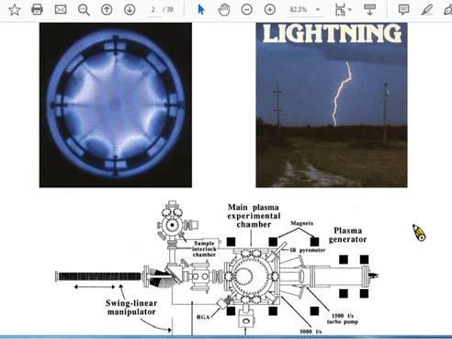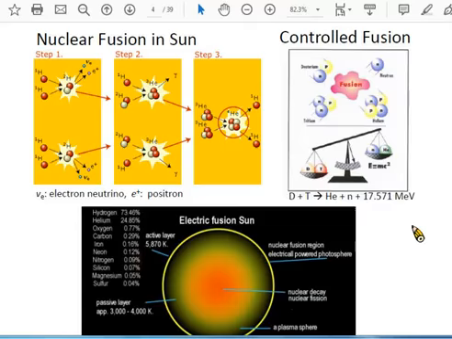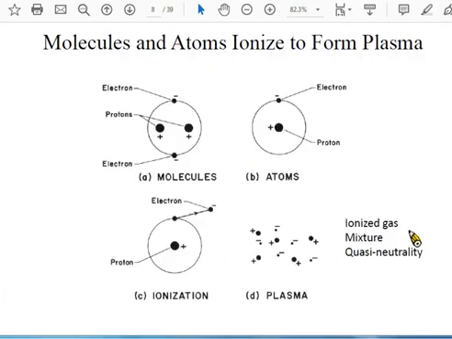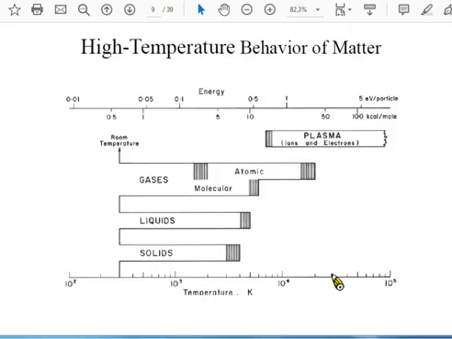For high temperature plasma, the temperature can reach a few thousand to tens of thousands of Kelvin. At such high temperature, all the materials, when they touch or are placed inside the plasma, will not just vaporize, they will form the plasma state.